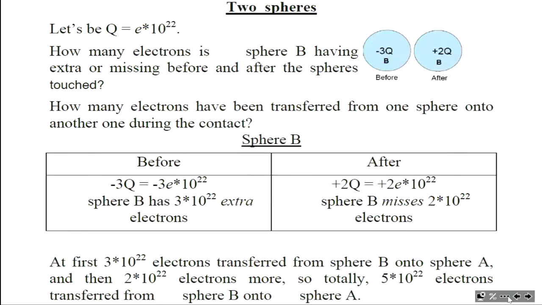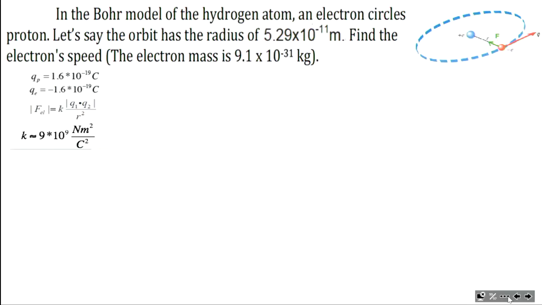Well, we are done with charging and discharging. Now we're going to start applying the law to analyze specific situations when charges are interacting. The Bohr model of atom, very important model, describes two charges. One is positive, one is negative.